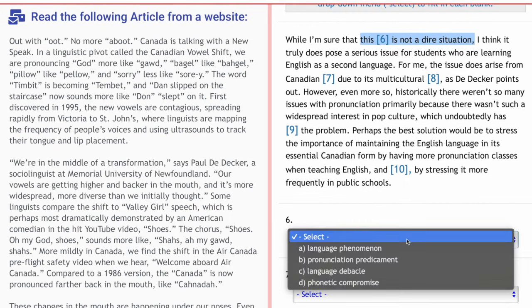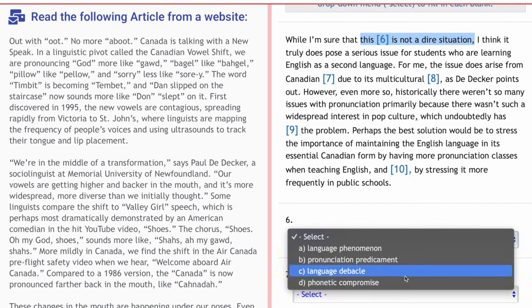This language phenomenon, pronunciation predicament, language debacle, phonetic compromise. Well, I feel like language, pronunciation, language, phonetic, they do match.